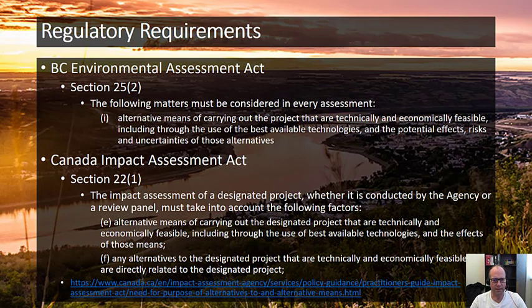Now, in textbooks such as Noble, I'm going to read from Noble in a moment, but it highlights one of the challenges with alternatives to a project. For example, if you're doing a mine and say you've got a copper mine and you're the proponent and you would like to develop your copper mine, there really are no alternatives to that project to get copper. The only way to get copper is to go out and mine it.